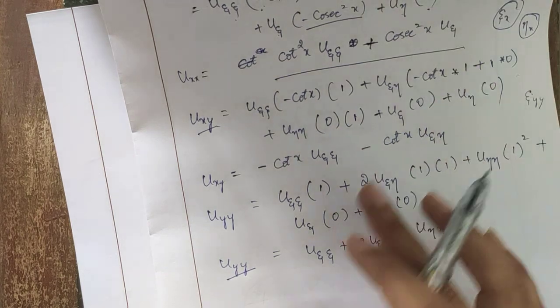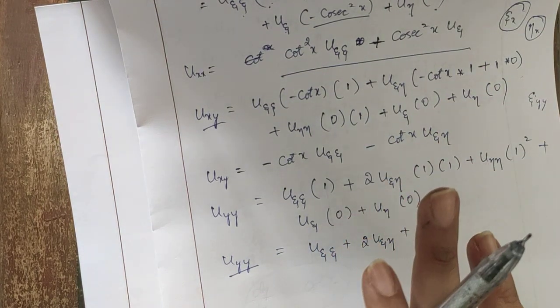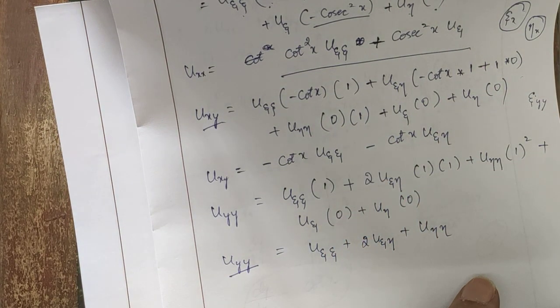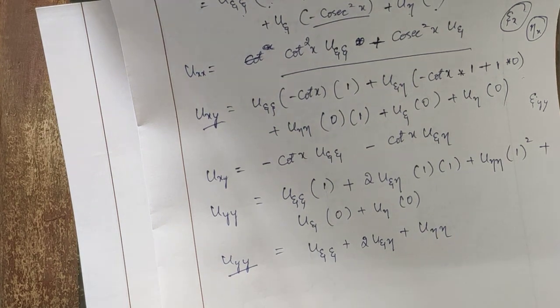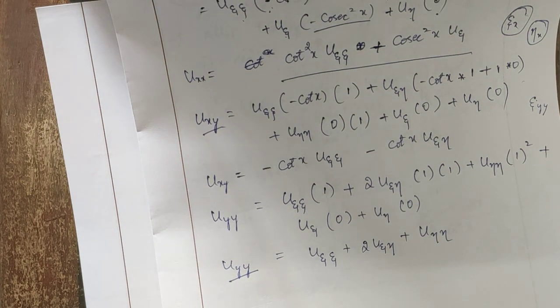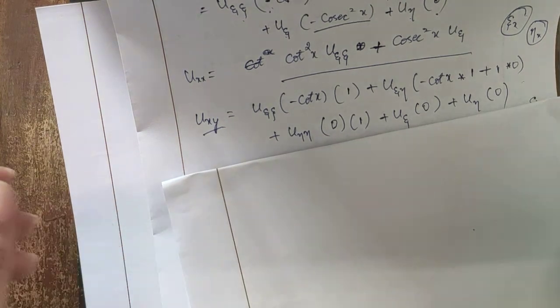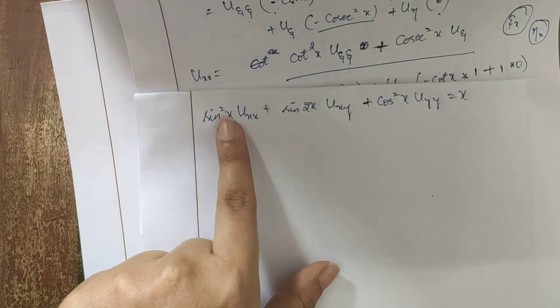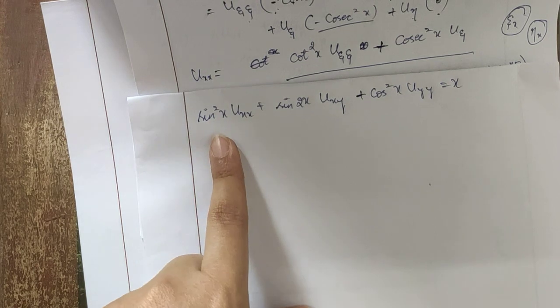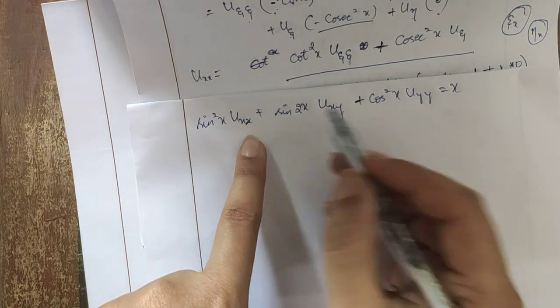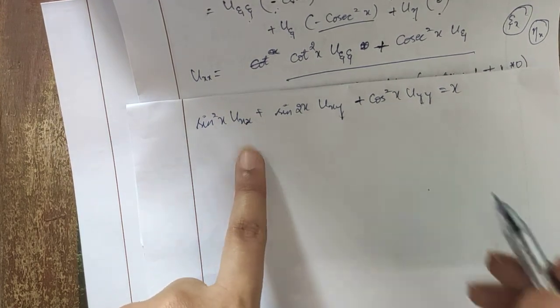Right, I have to substitute these values in a given partial differential equation. Right, so the given partial differential equation is, I will write it here. This is the given partial differential equation. So let's substitute for u xx, u xy and u yy.